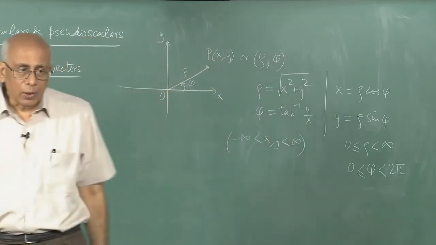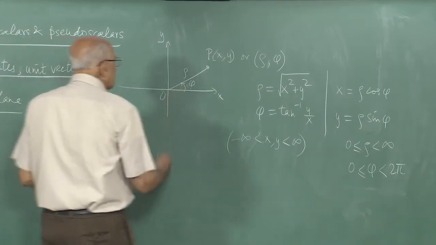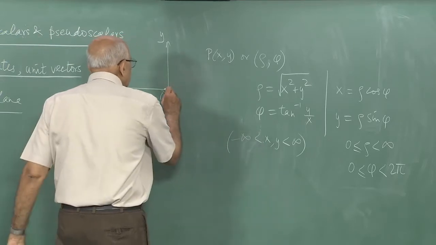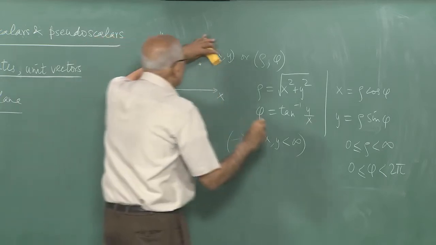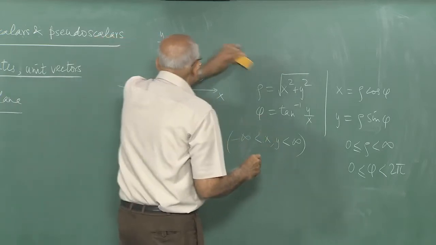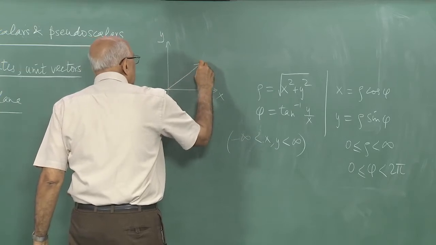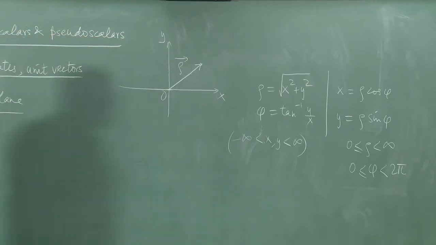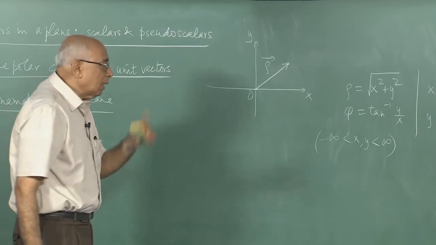Okay. Now any arbitrary point P, such as the one I have written here, could always be written this way. The radius vector to this point is the vector rho, and its magnitude is rho without the arrow.